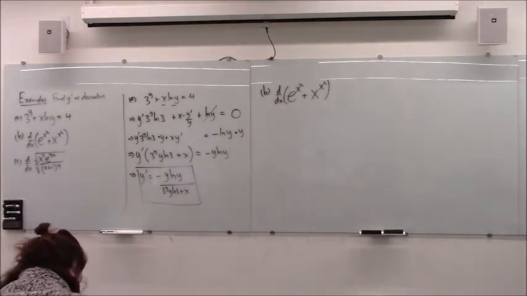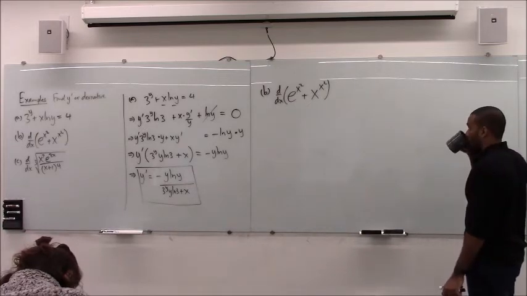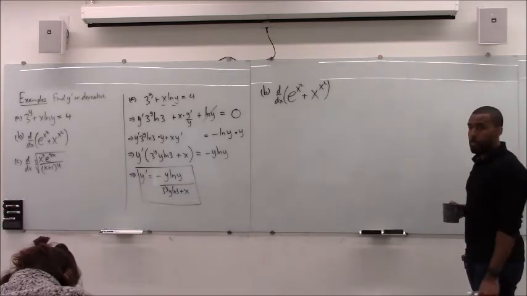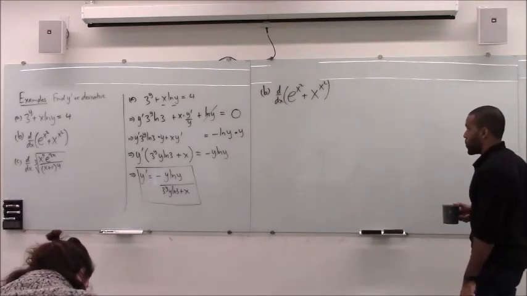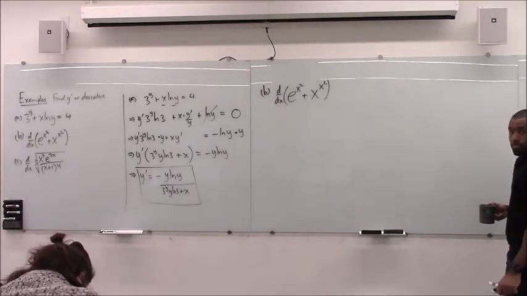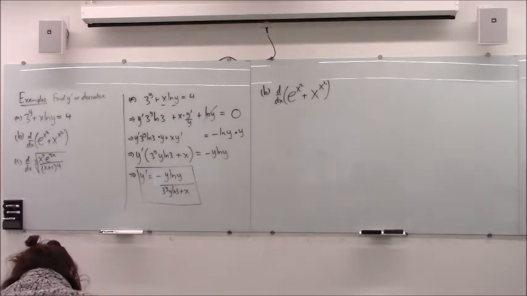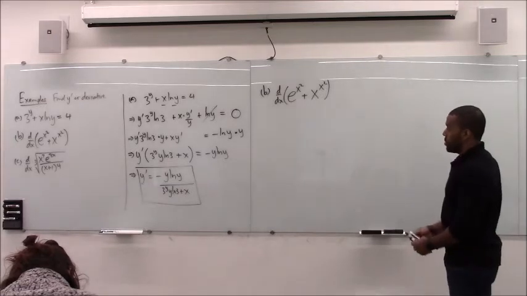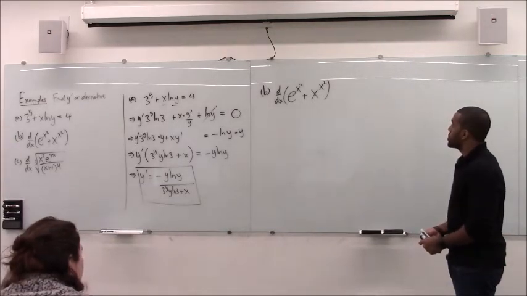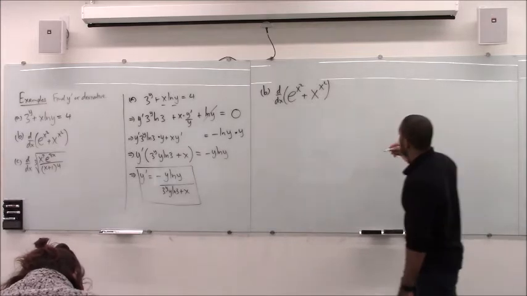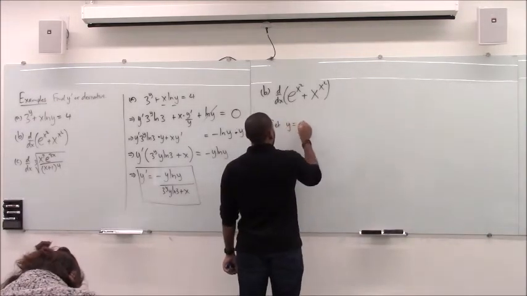What are we thinking here? Yeah, Anna? First I did y equals e to the x squared plus x to the x squared. Let's see.